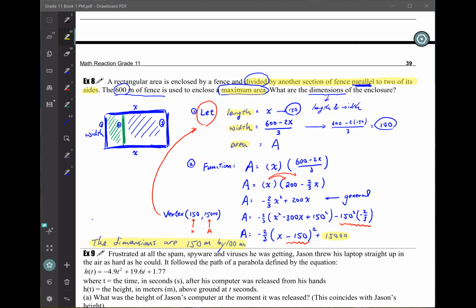Okay, so before I let you go for a break, I would like to take a look at some of the questions in the homework, because you get something similar with area as well. Can you raise your hand if you're okay with this one, and we'll look at the homework.